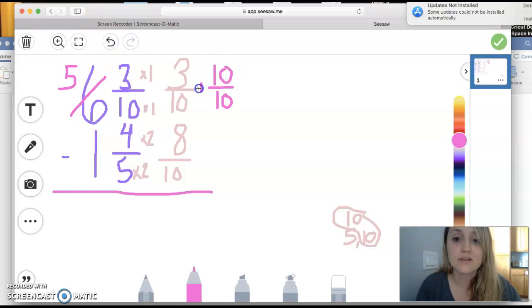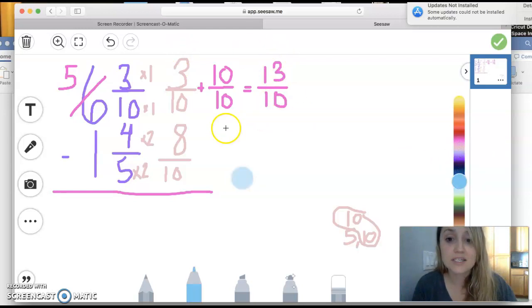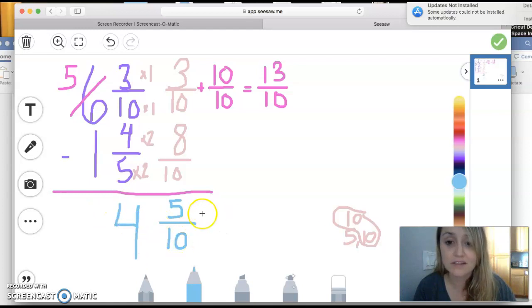So 3/10 plus 10/10, or 1 whole, would be 13 over 10. So 13 minus 8 is 5. Our denominator stays the same. So we have 4 5/10.